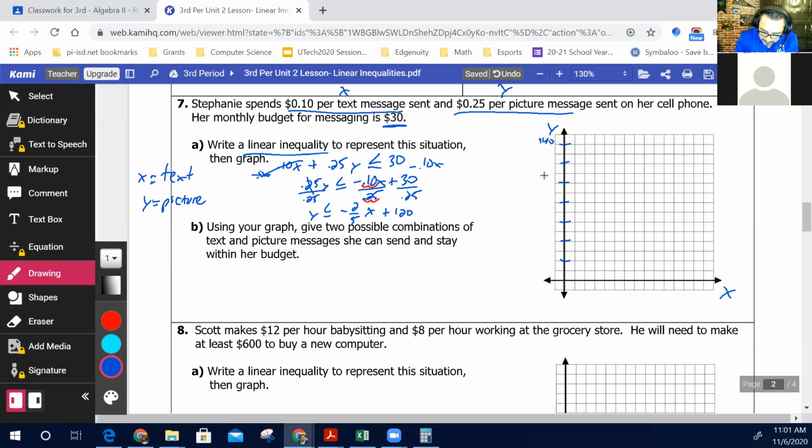So 140, 120, 100, 80, 60, 40, 20. Cool. And we'll need to use the same scale for the x-axis to make sure that it is a square, not something odd. So 20, 40, 60, 80, 100, 120, and 140.